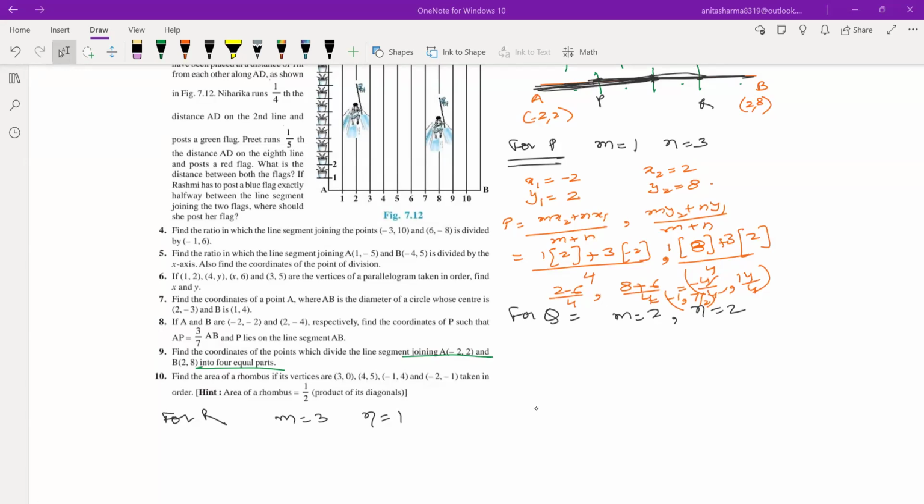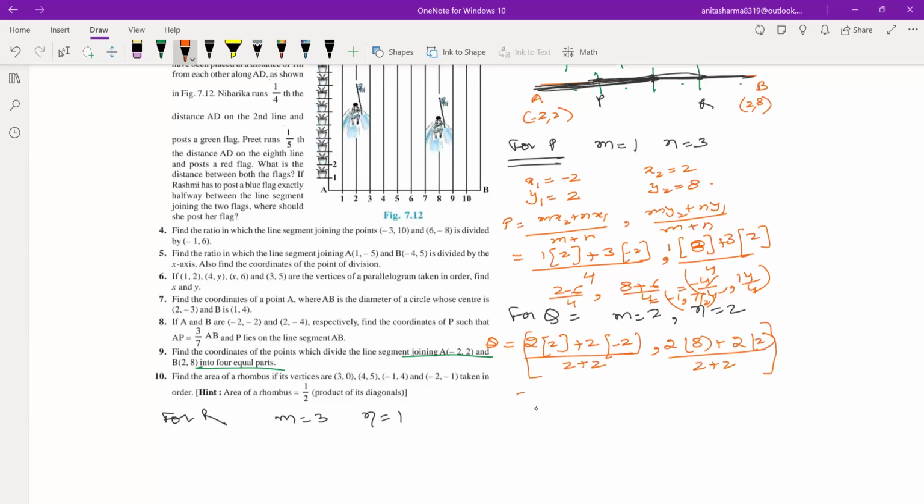Okay, now value of Q will be mx2 plus nx1 upon m plus n. So value of m is 2, x2 is 2 plus 2 into x1 is minus 2 upon 2 plus 2, comma, m by 2. M is 2, y2 is 8 plus 2 into y1 is 2 upon 2 plus 2.